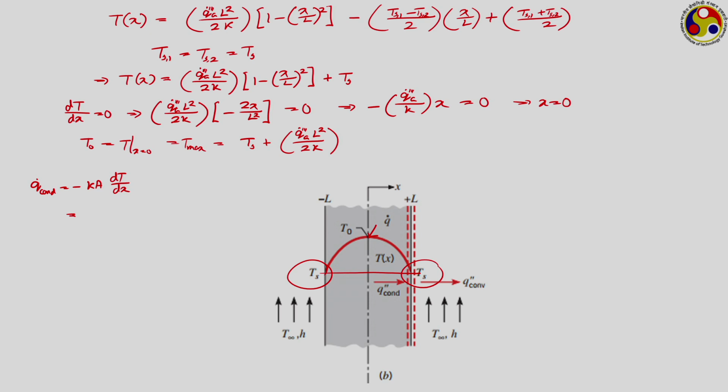Just differentiating the above expression, we have minus k A q dot triple prime into L square by twice k into minus of 2x upon L square. So, minus cancels out, we can remove that k and that 2 L square, everything. So, it comes out to be q 0 triple prime into A into x.